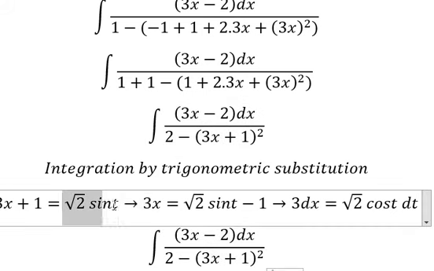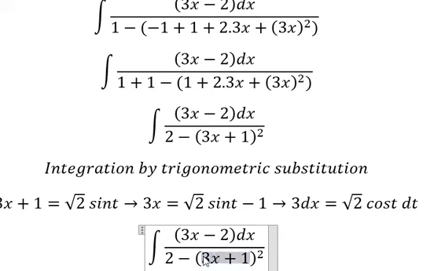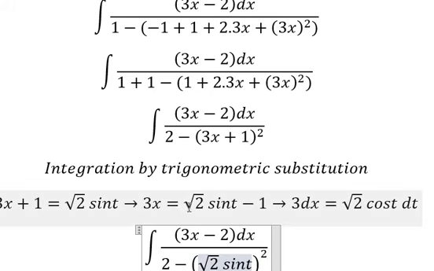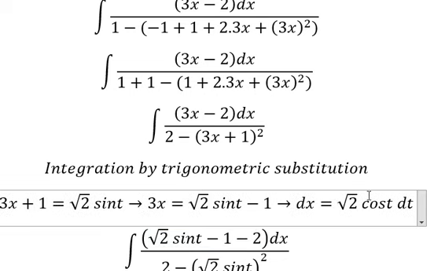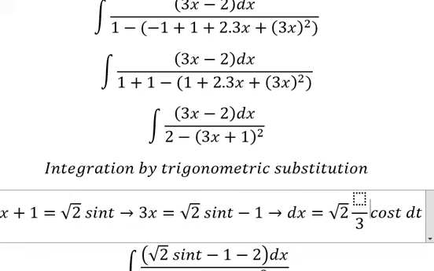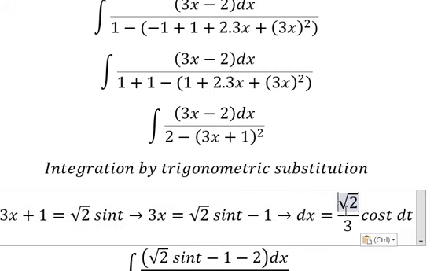This one we change for this one. 3dx we change for this one. dx, we divide both sides by number 3. And we change dx into this one.